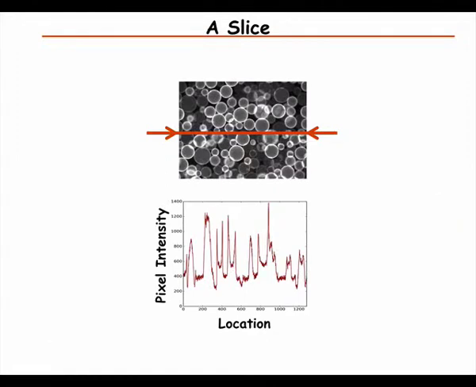The next step is to take a slice through the image, and come back to looking at a one-dimensional signal instead of an image. In this case, we see very similar things. We see these thin peaks that correspond to the rims when we go through the rims at a perpendicular angle.